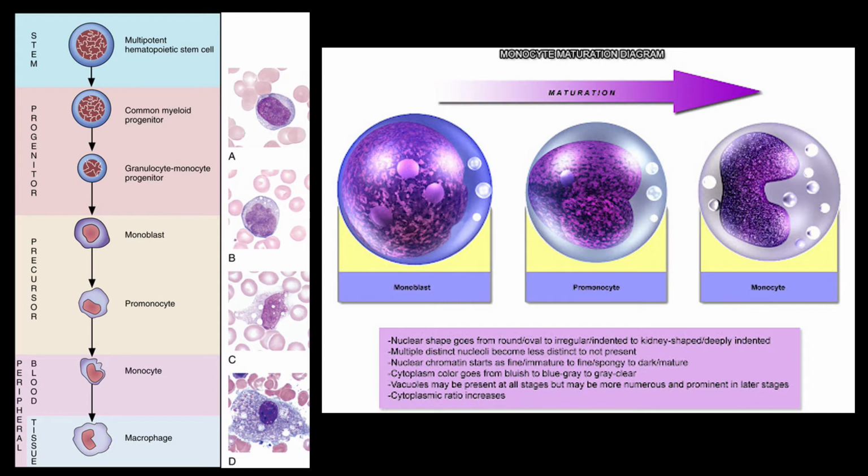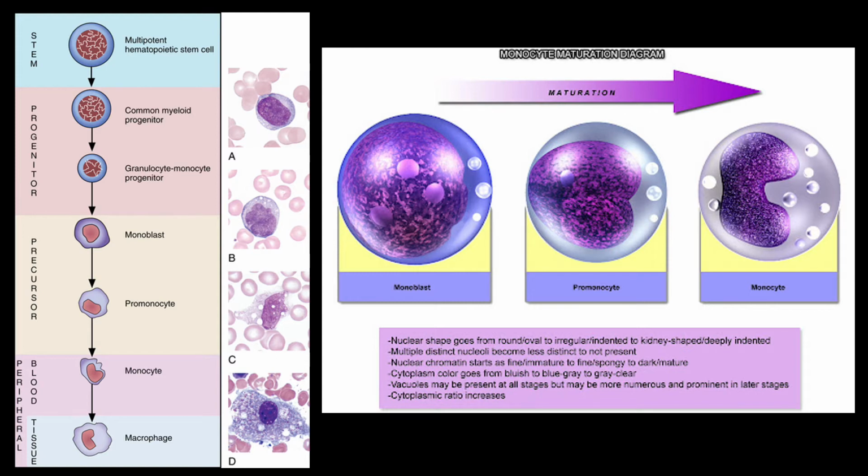So shown here in the image, the nucleus shape goes from round to oval to an irregular indented to kidney shape or deeply indented shape as the cells mature. They also have multiple distinct nucleoli, which become less distinct to not present as the cell matures. Also, the nuclear chromatin starts as fine or immature, to fine spongy, to dark blue, which is the mature form.